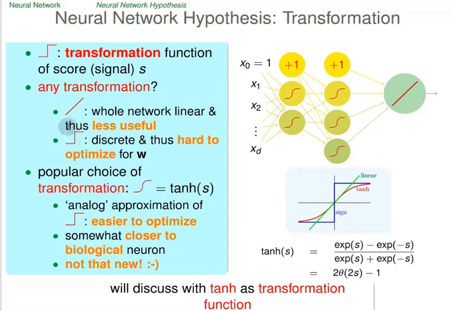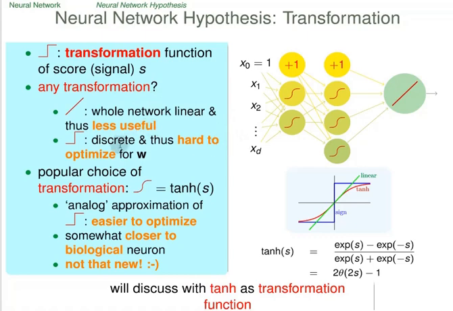Because the optimization problem is not smooth. It is even harder with multi-layer perceptrons if you want to use the sign function, because it's not smooth, not differentiable, and we cannot use analytic methods to solve it.